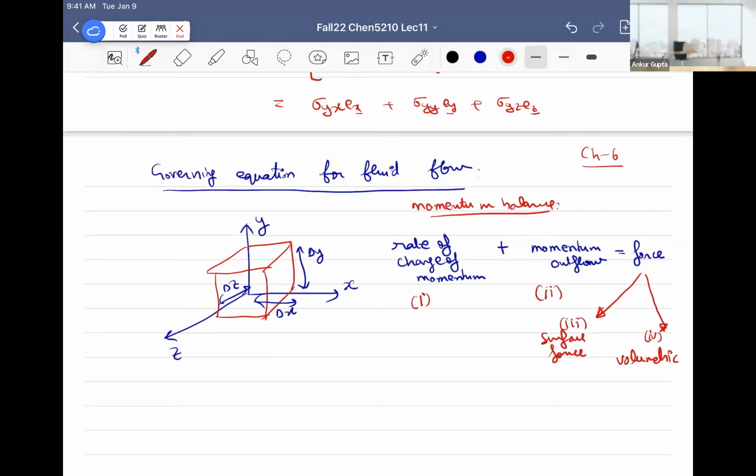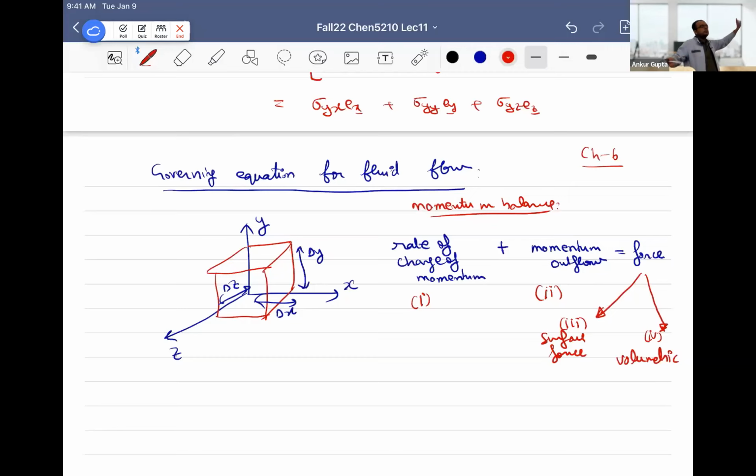It's still a force, right? So what are the surface forces? Those are what we were discussing, stresses, per unit area. What is an example of a volumetric force? Gravity, right? It goes everywhere. It doesn't matter which part of the volume you experience gravity. So volumetric forces like gravity and surface forces like stresses. That's the way to think about these 2 things. So rate of change of momentum plus momentum outflow is equal to force, with just 2 parts, surface force and volume force.